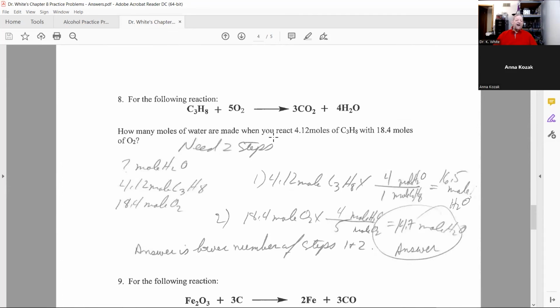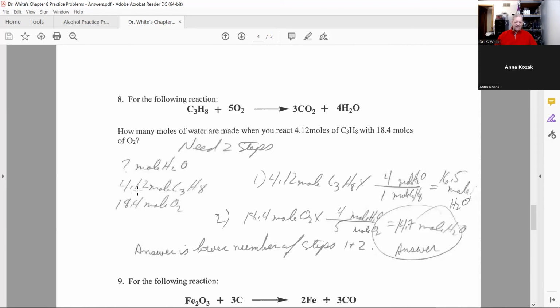Thank you. Now, for the following chemical reaction, how many moles of water are made when you react 4.12 moles of C3H8 propane with 18.4 moles of O2? Now, what are you being asked to find? Moles of water.